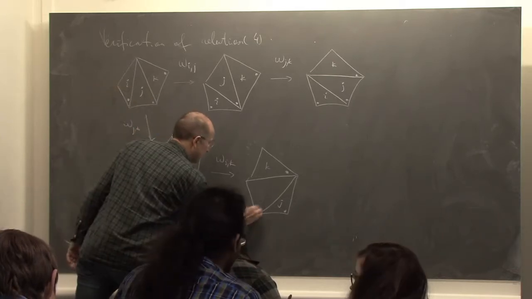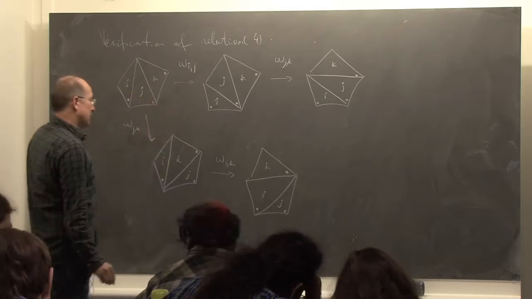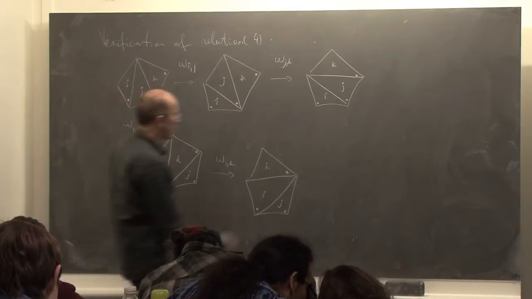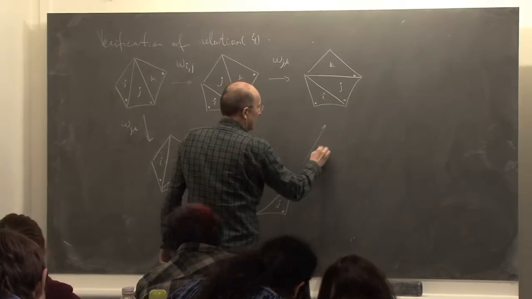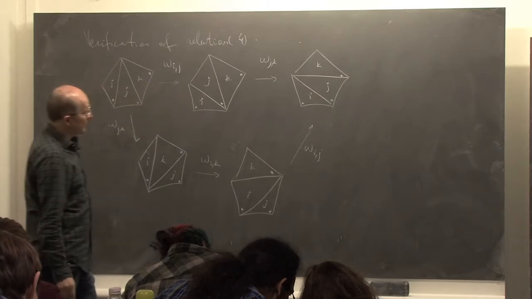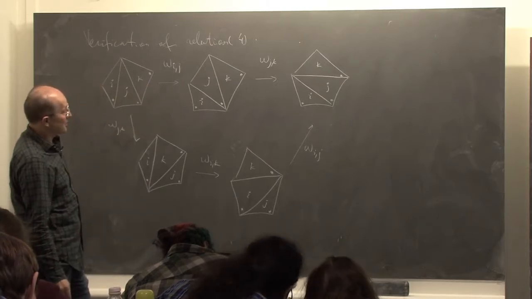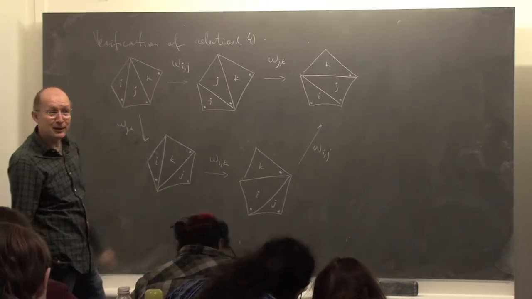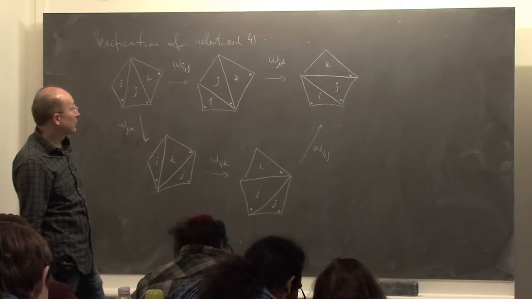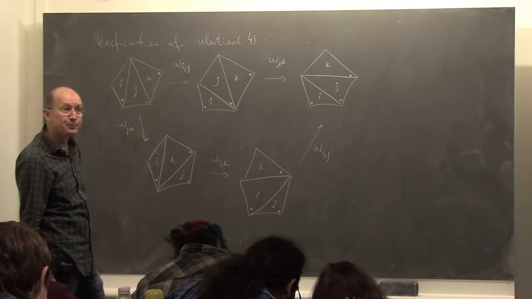Yeah, now it's okay. And finally, we can do omega ij. And so it's easy to see that we end up with the same triangle. So we have closed the loop.